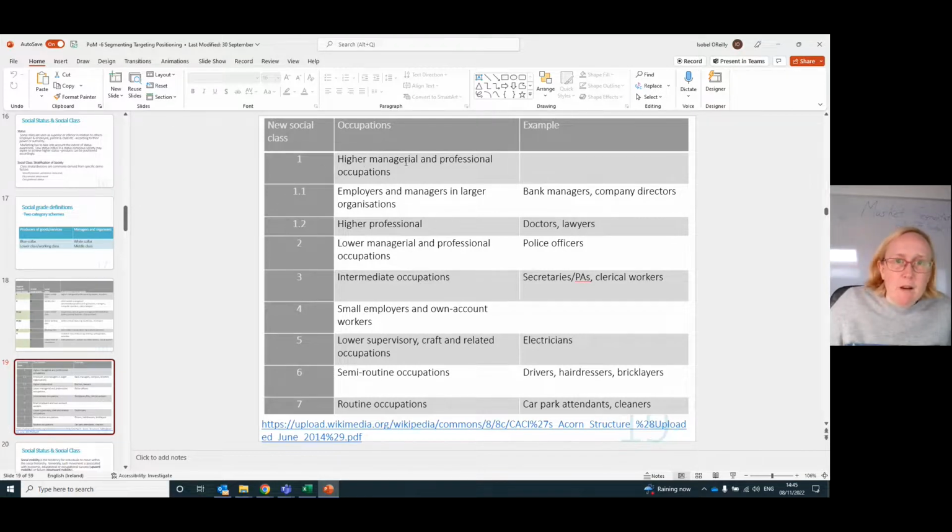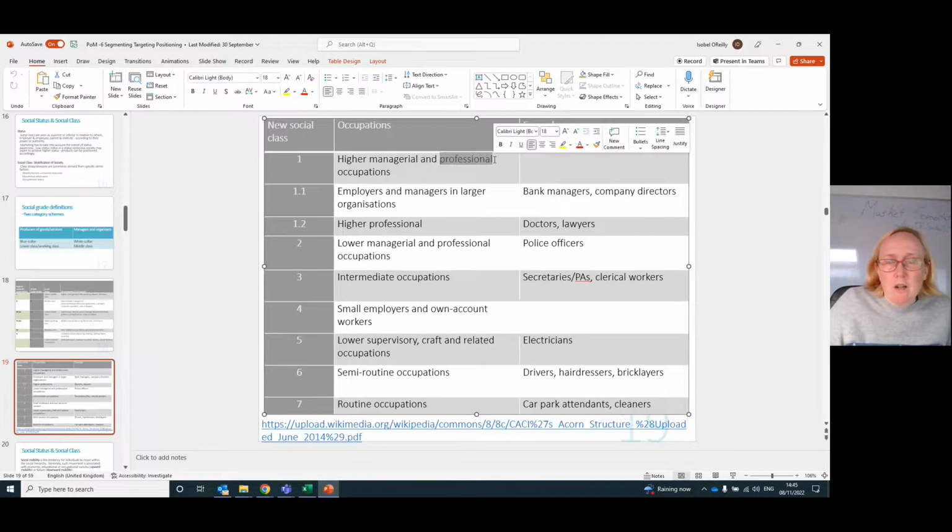So now at the very top, we've got higher managerial and professional occupations. The definition of a professional occupation at the higher end is something that not just needs a degree, but needs further qualifications as a minimum to start on the career ladder.